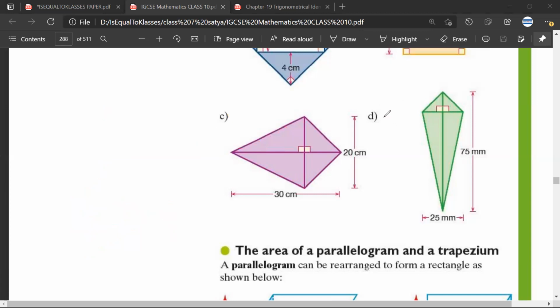Shabash. Starting D part. So this also I divided into half. So this became 75 millimeters into 1/2 into 12.5 millimeters.